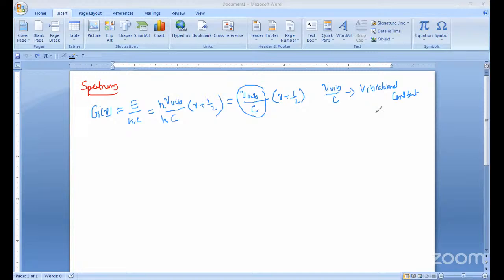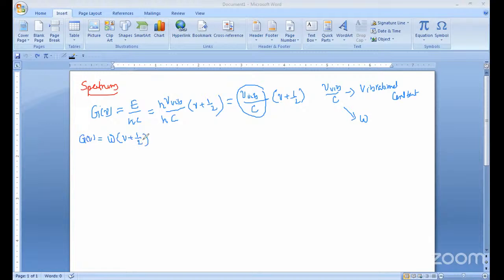So generally this vibrational constant we can denote with this omega. So therefore G nu, that is what we call the vibrational terms, we can write as G nu is equal to omega into nu plus half.